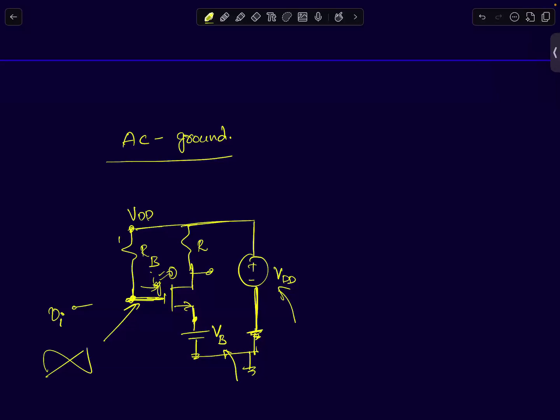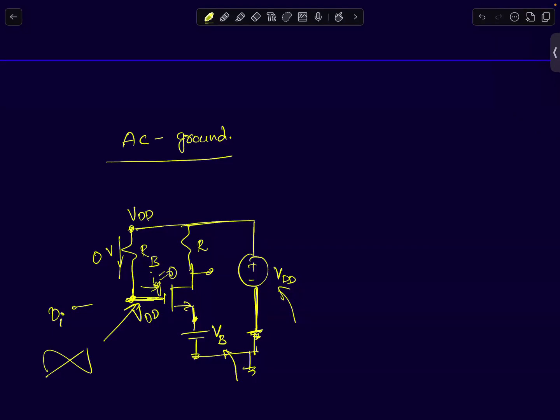The gate current is 0. Therefore, the current through the resistance RB is also 0. Then the voltage drop across RB is also 0 volts. So it's just VDD itself. So your gate voltage is just VDD.